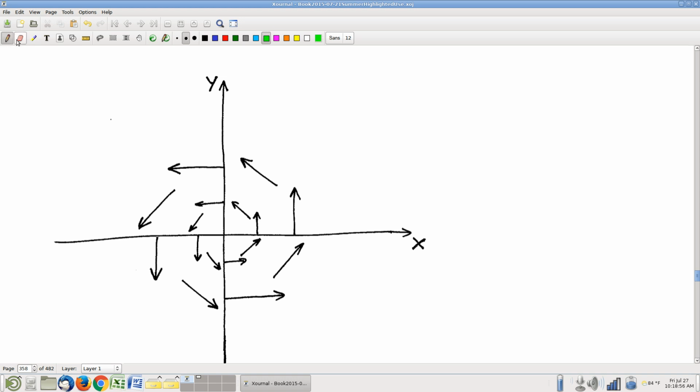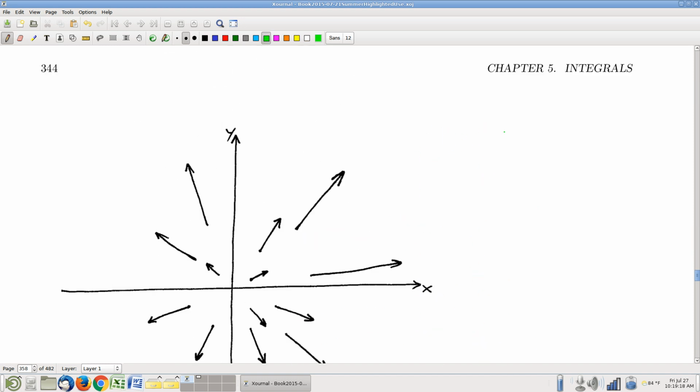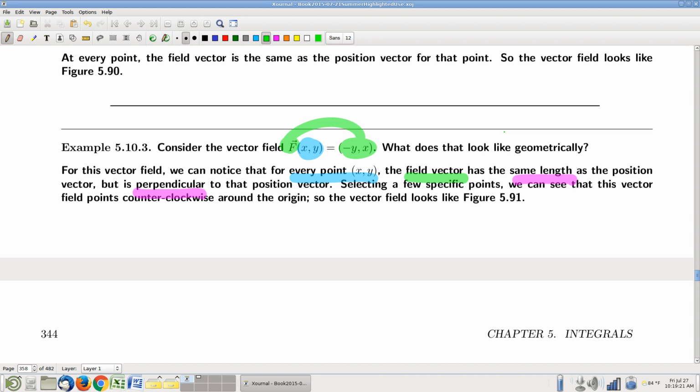So let's look at this point right here. That point is 1 comma 0. So when x is 1 and y is 0, the formula for the field F was negative y comma x.